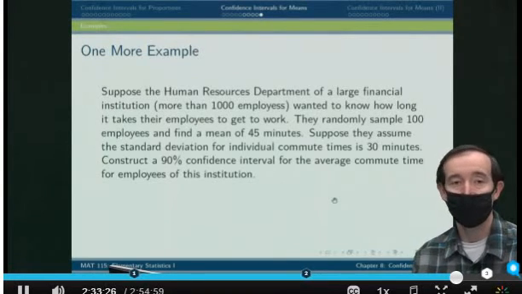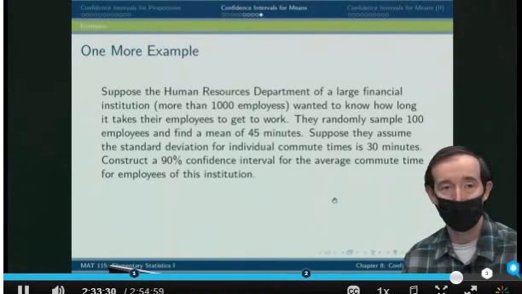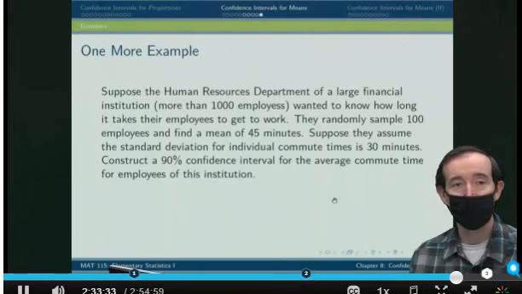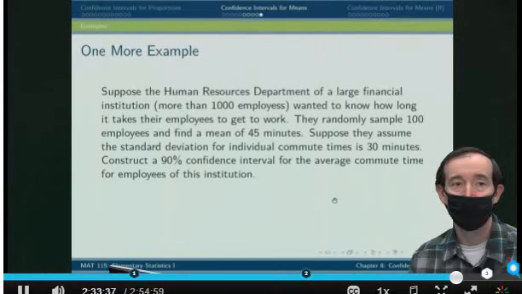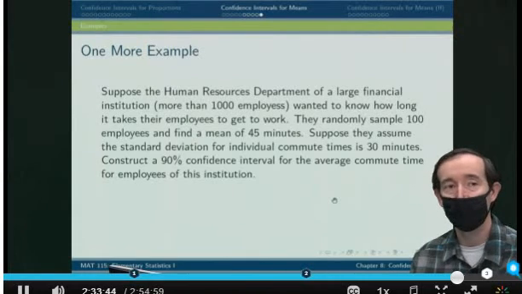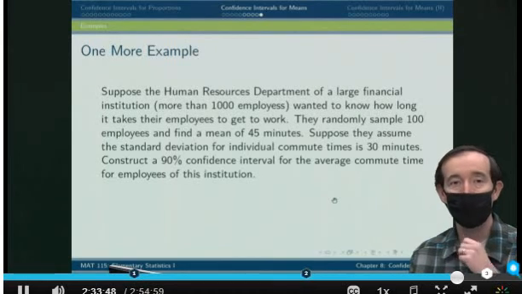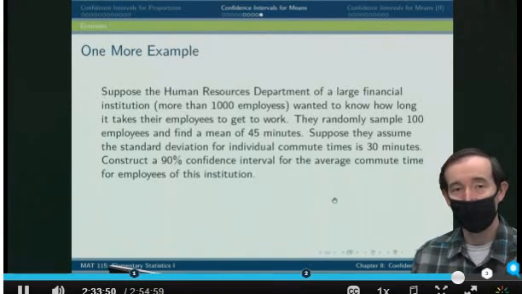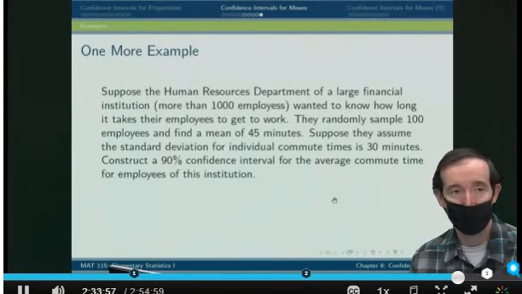What about the two sample size conditions? There's the 10% condition and the n at least 30 condition. n at least 30 is easy to check. What's my n value here? Yeah, they sampled 100 employees, so n equals 100. That's more than 30. I also need to make sure that is no more than 10% of the population I'm trying to estimate.